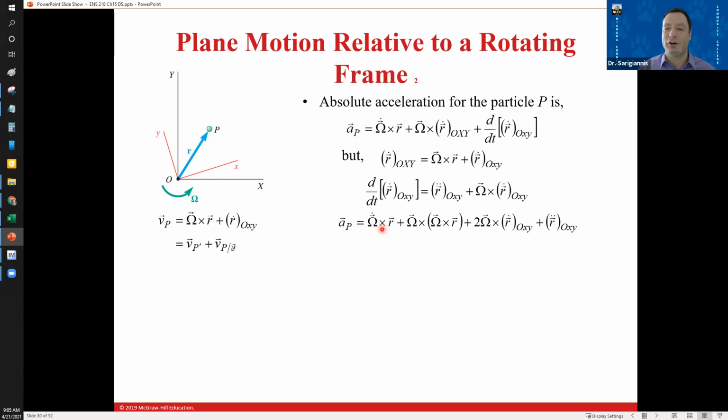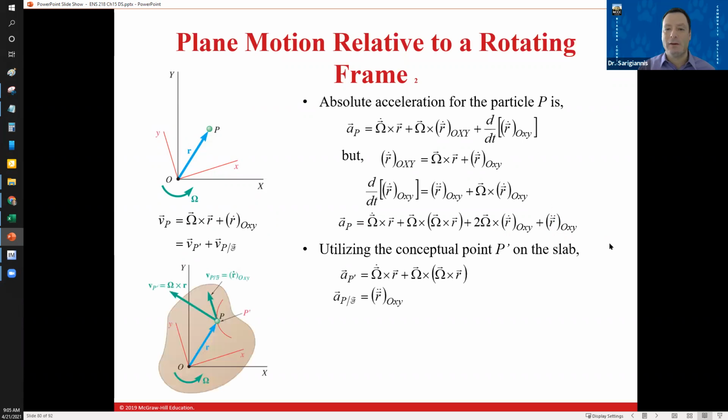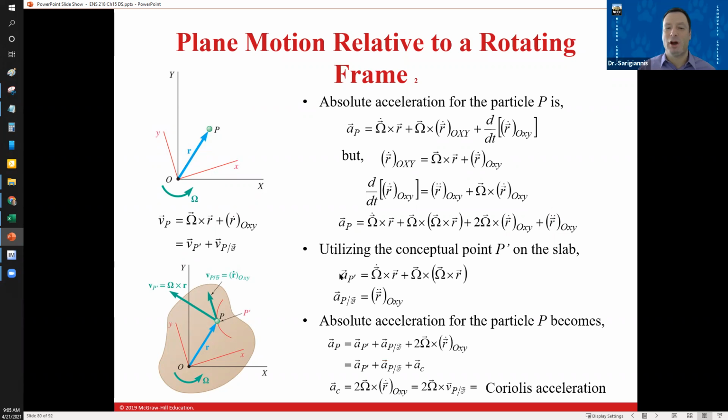Also, if you're not accelerating, that's going to go away. This is the conceptual point P prime. We talked about that. That's the one that's sort of on the slab, moving at that instant with P.